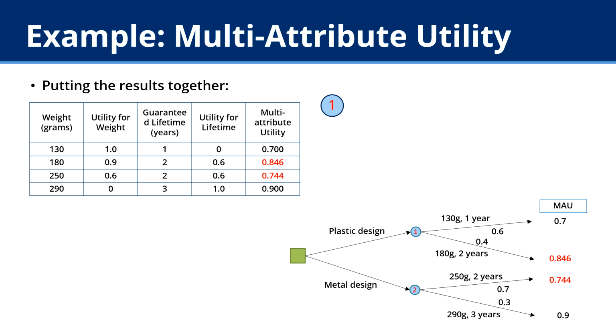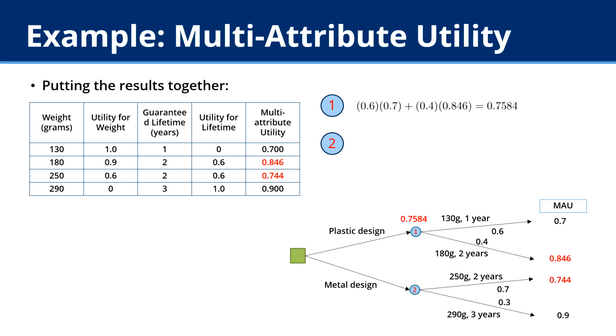To get the expected value, same as we've been doing before, we take the outcomes times the probability. So it's simply 0.7 times 0.6 plus 0.846 times 0.4. It ends up being 0.7584. So that's the value at this node.